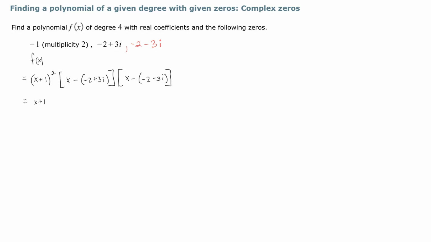We're going to have x plus 1 quantity squared, multiplied by the quantity x plus 2 minus 3i, and then we also have x plus 2 plus 3i.